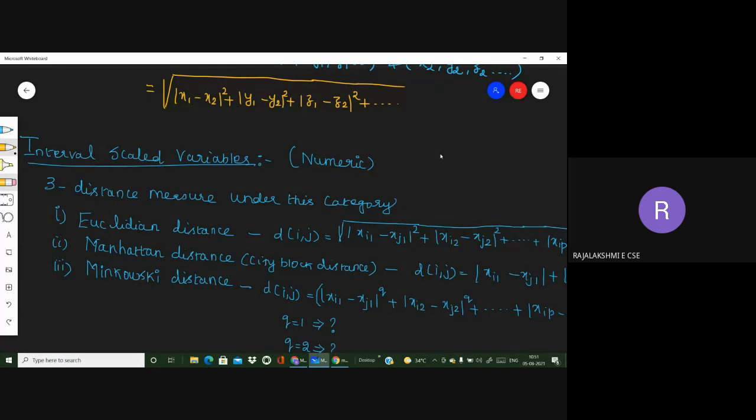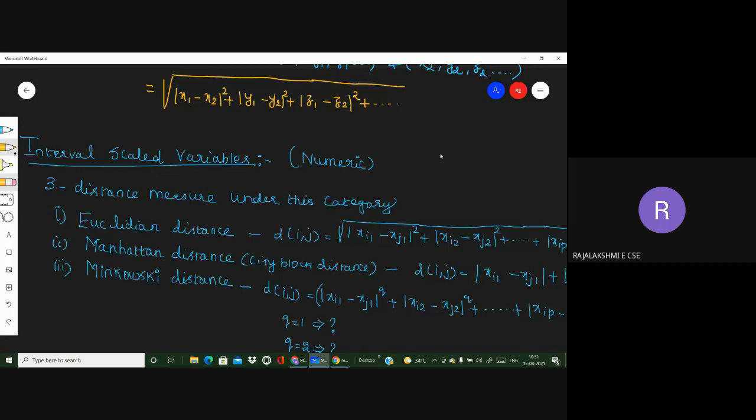What are all the quantities we have studied? Different sets of variables. We have qualitative and quantitative. Under qualitative, we have nominal, ordinal, and binary. Under numeric, we have interval scaled, ratio scaled, discrete, and continuous.